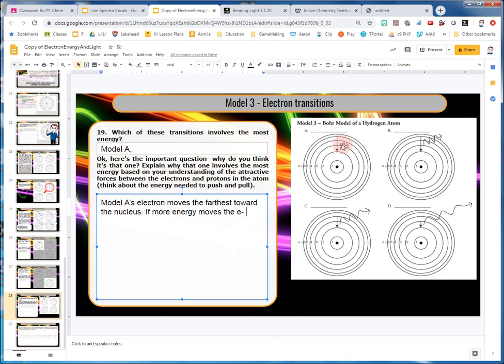If more energy moves the electron further from the nucleus, then a longer movement, or a farther movement toward the nucleus, probably generates the most energy. Boom.